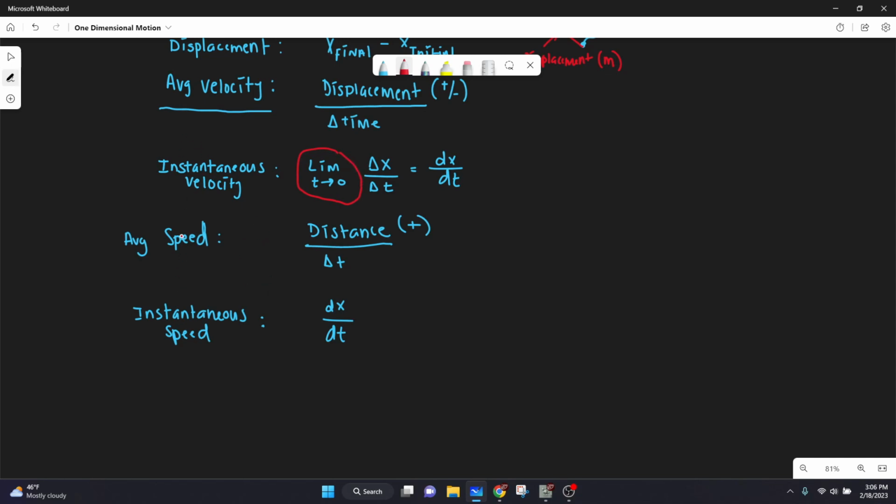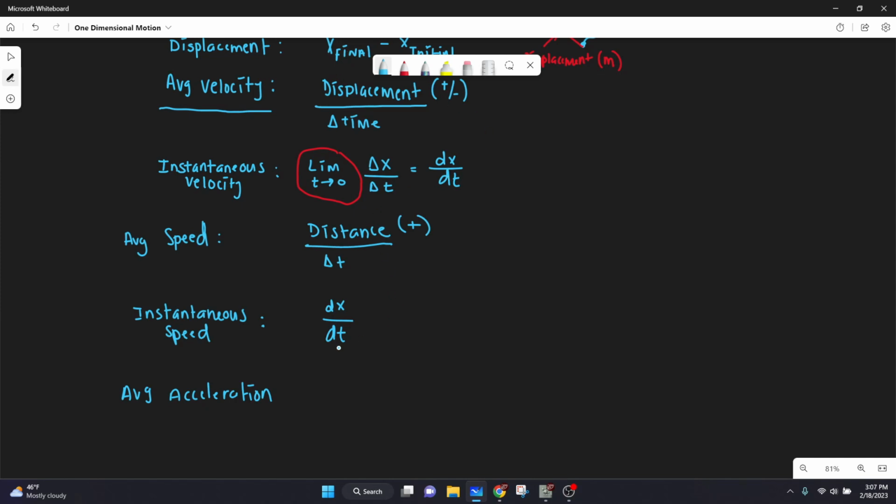And so here's the quick summary of one-dimensional motion and the important terms. And we can actually continue these terms. I almost forgot. Average acceleration. And I also want to throw in units for those, but I'll do that at the end.